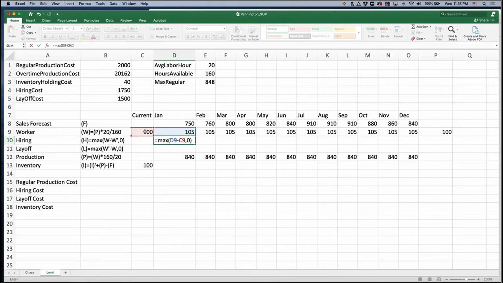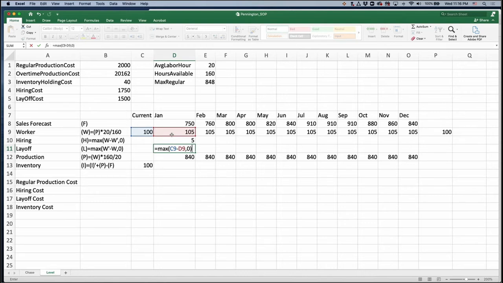That is hiring. In the opposite way, you can compute the layoff. Layoff means previous period minus current period, taking the maximum, a positive number. For example, if currently they have 100, and then 90, then you have to lay off 10 employees.